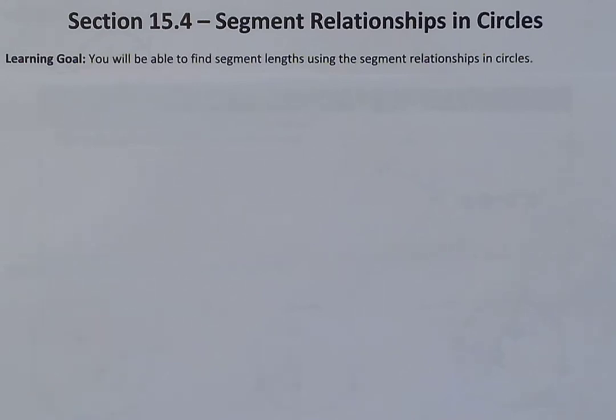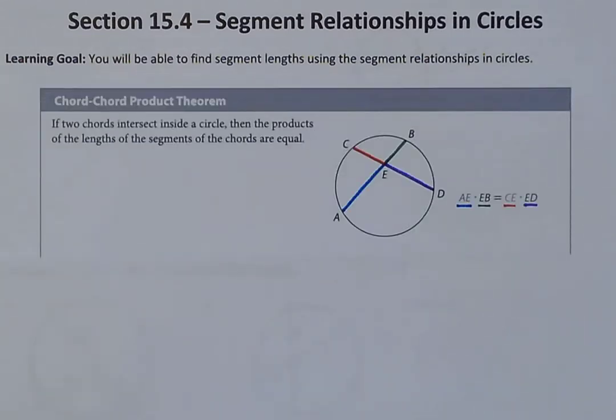So with that said, the first theorem on deck is the chord product theorem. Now, we have talked about chords before in section 15.1, and a chord is just a line segment that's in a circle that has both endpoints on the circle.